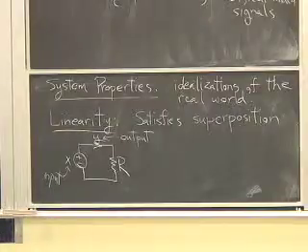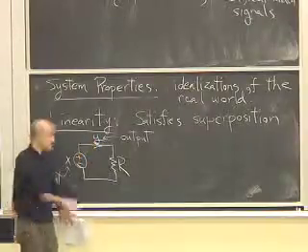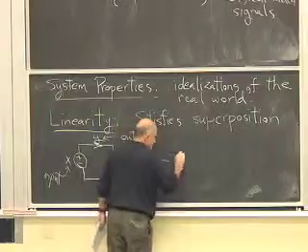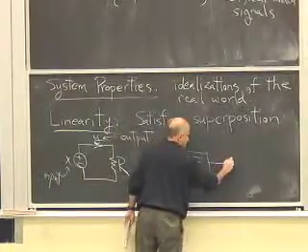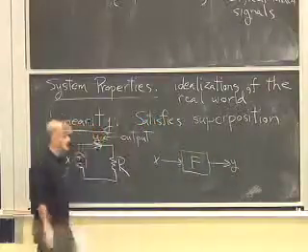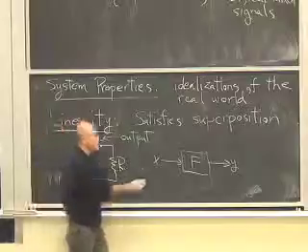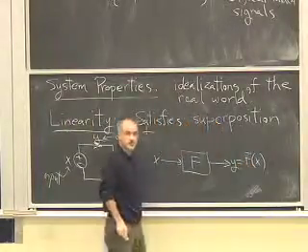From your physics class, can you tell me how y is related to x? So this resistor now becomes a system. I have a system now. X, y. Y is a function of x.